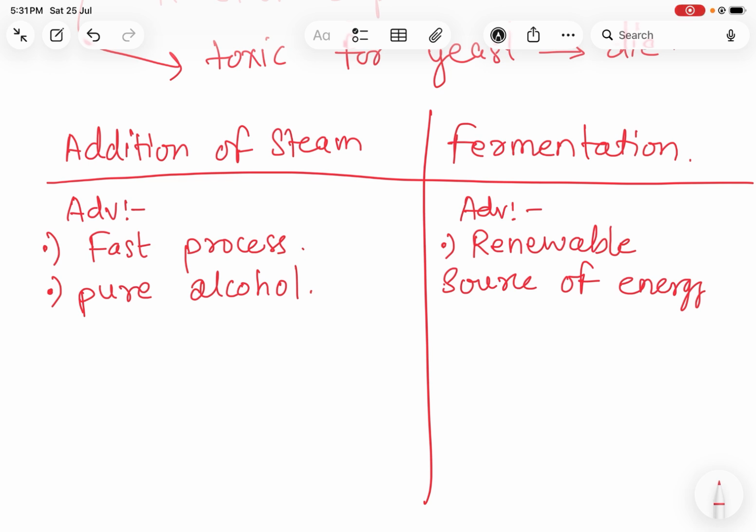That is the advantage. Secondly, we can perform this simply because we can just add yeast and glucose together. We don't have to maintain so many reaction conditions here. It happens at room temperature, and yeast itself has enzymes in it, and hence it is a very simple method.